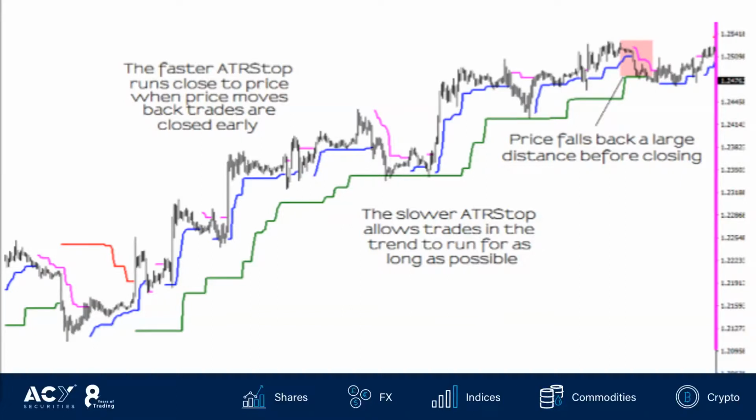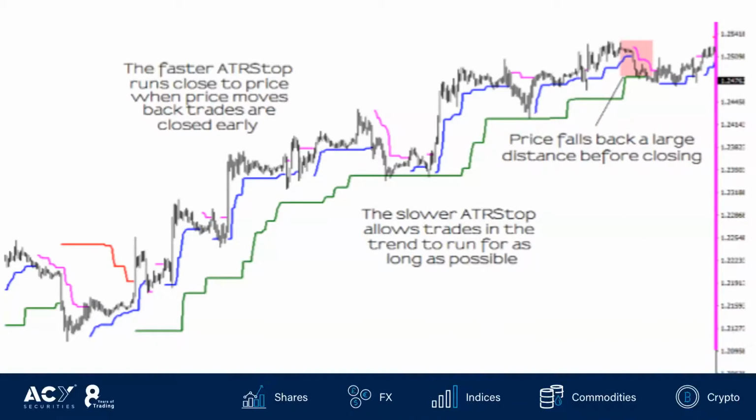You can set the settings to be further or closer away to where price is. By extension, they tend to not give as much profit back, but it often can prevent a trade from achieving its maximum profits when you get a bit of a spike or a move down, which is something that plays out when you would use a trailing stop. So when you have that, it's something you can use.